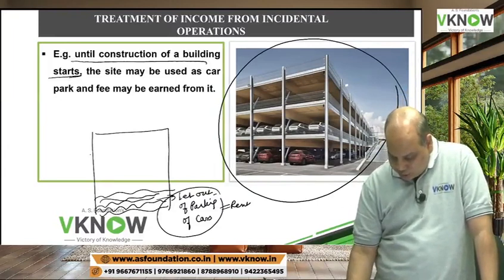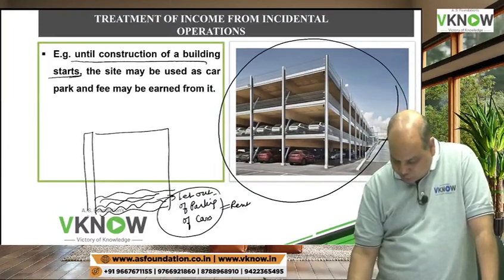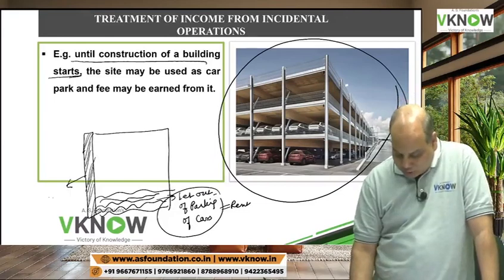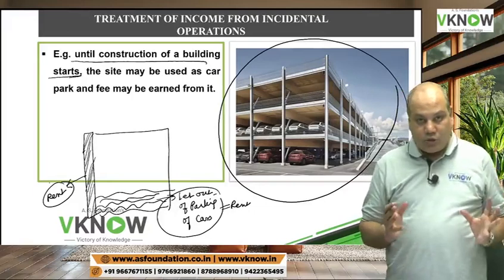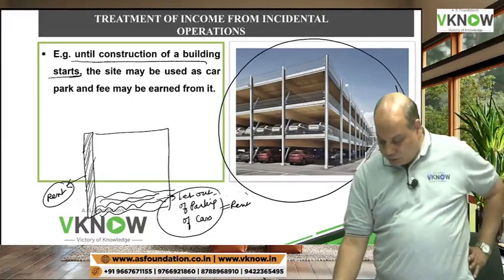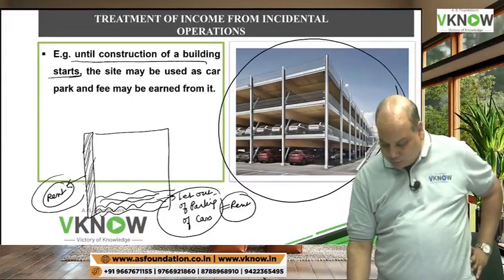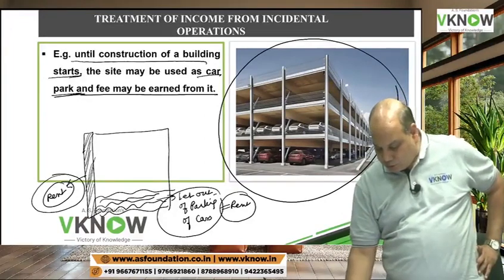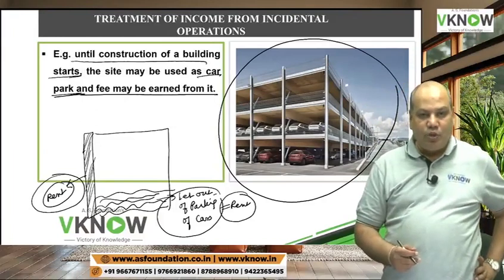Or sometimes they allow some companies to put their advertisement hoardings on the side of the building, and they get some rent for this advertisement hoarding. Now the question is, what about this rental income, either from car parking or for advertisement board?